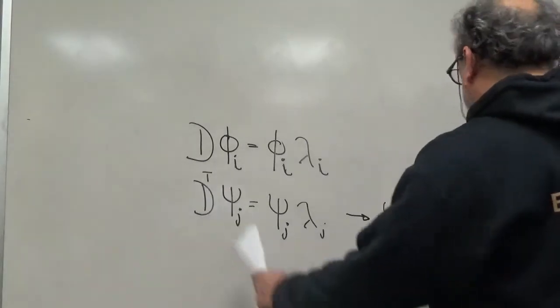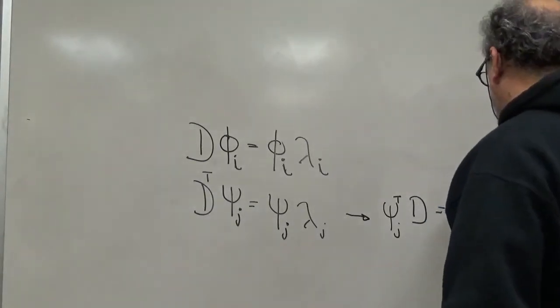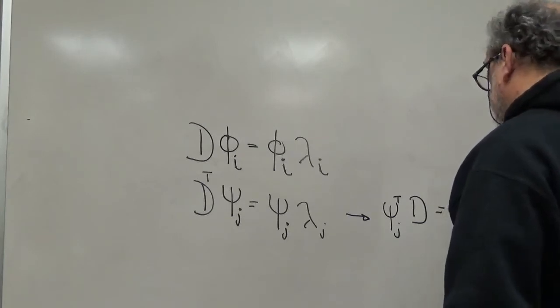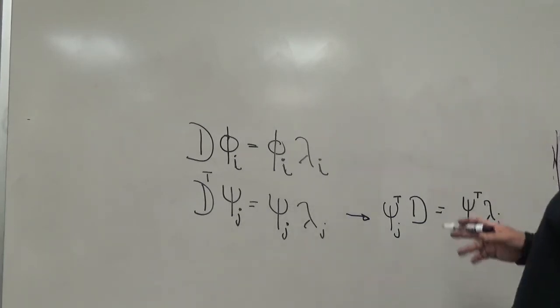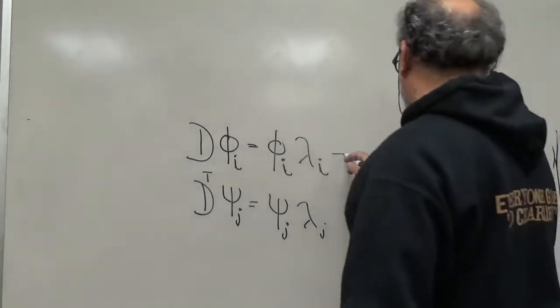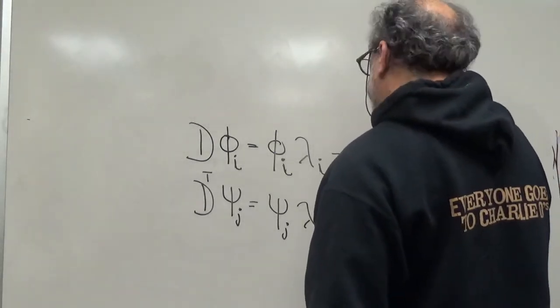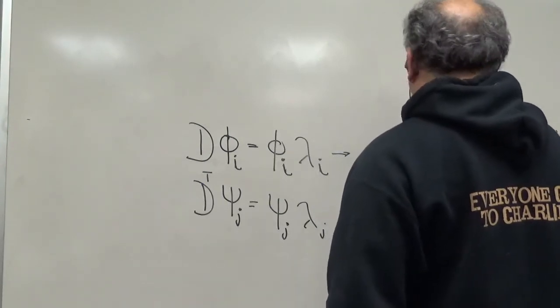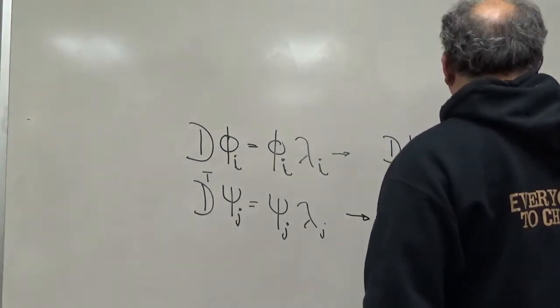Phi j transpose times D equals phi j transpose times lambda j, right? That's what we said was the left side eigenvectors. Now we can copy this one here, and we have D times phi i is equal to phi i times lambda i.